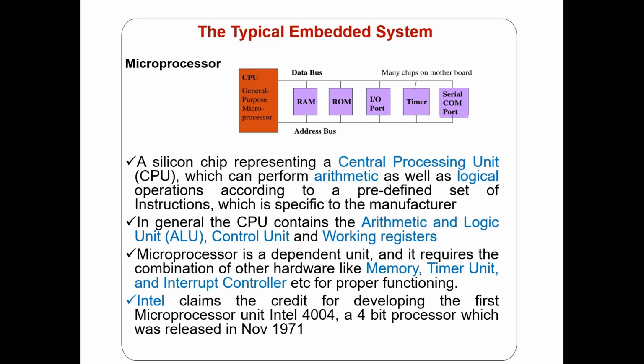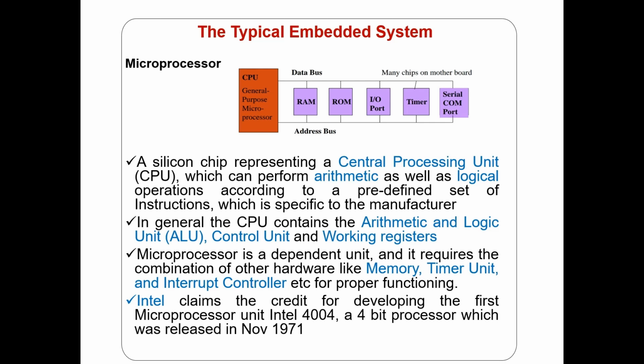In this class, let us try to understand how a typical embedded system designed with a microprocessor looks, and how an embedded system with a microcontroller looks. What is the main difference between an embedded system made with a microprocessor as core and a microcontroller as core?